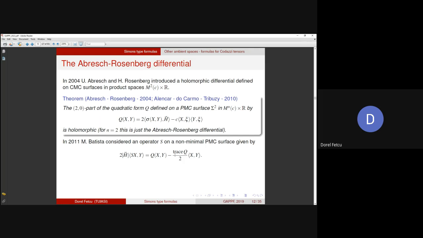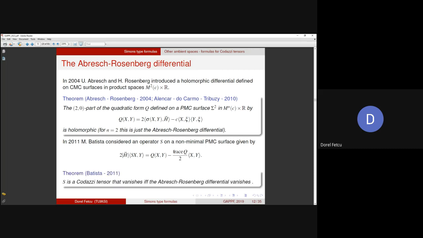One can see that S is defined with respect to the quadratic form Q. And this operator has two very important properties. It is a Codazzi tensor, and it vanishes if and only if the Abresch-Rosenberg differential vanishes.